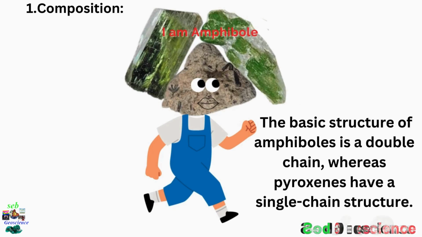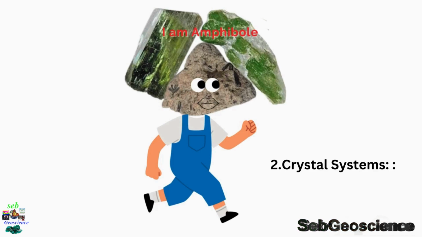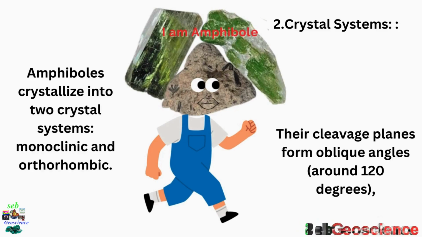The second most diagnostic feature of amphibole minerals is crystal structure. Amphibole crystallizes into two crystal systems, monoclinic and orthorhombic. Their cleavage planes form oblique angles of around 120 degrees.